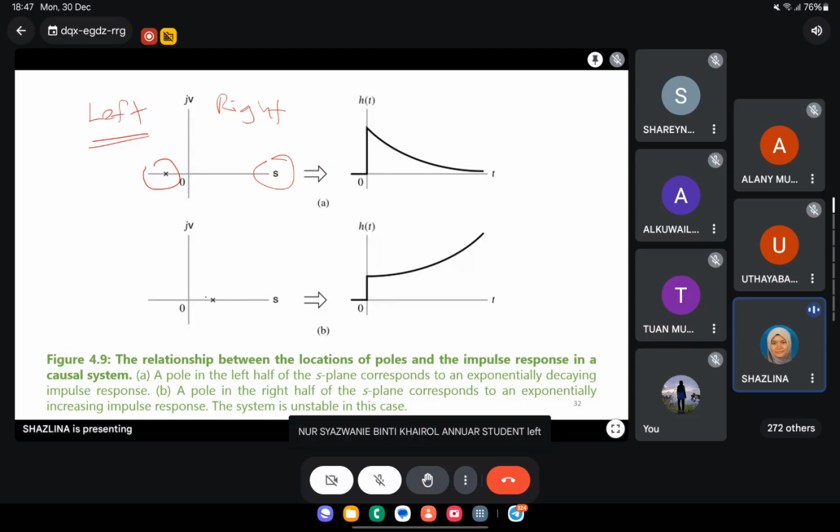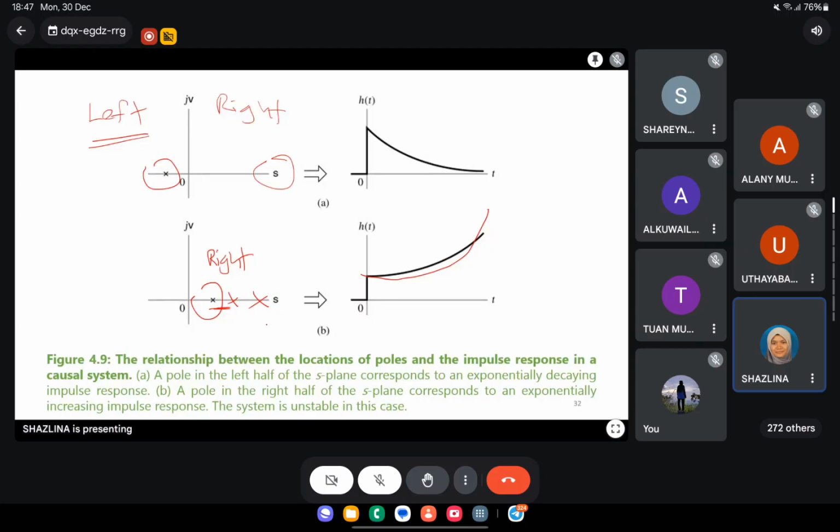If the pole is on the right half, the right side of the s plane, this normally corresponds to an increasing exponential signal. It is exponential, but it is increasing because the pole is on the right side.